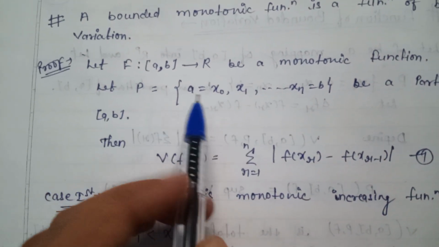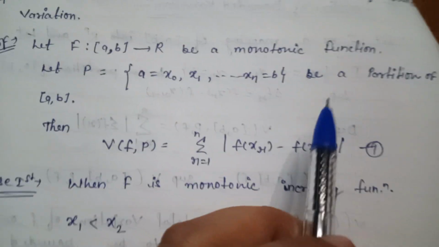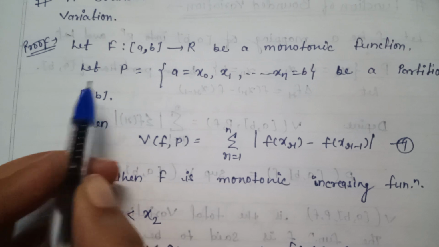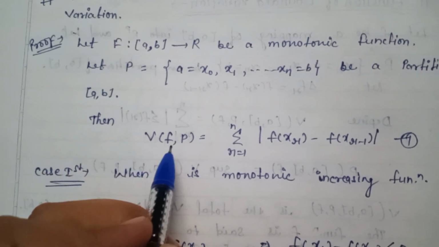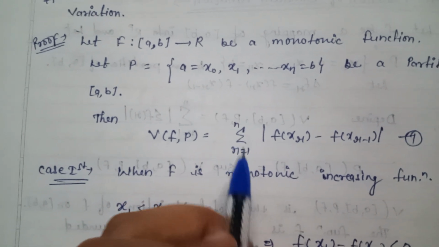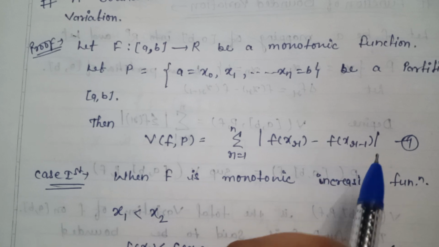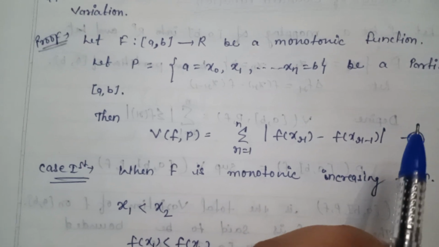Let P = {a = x0, x1, and so on, xn = b} be a partition of the closed interval [a, b]. Then V(f, P) = summation r = 1 to n of |f(x_r) − f(x_{r−1})|, which we named equation number 1.